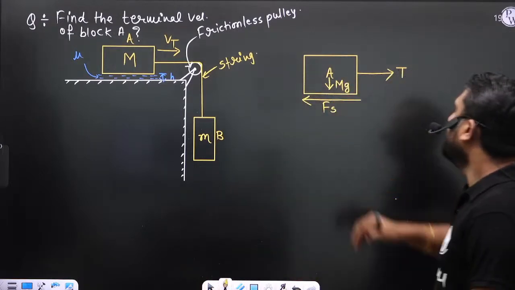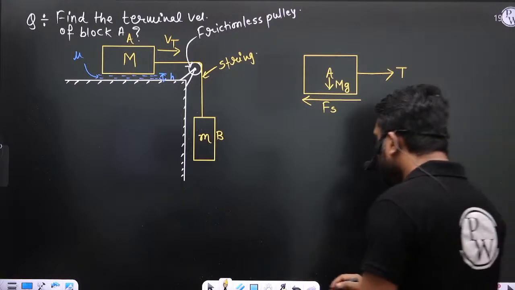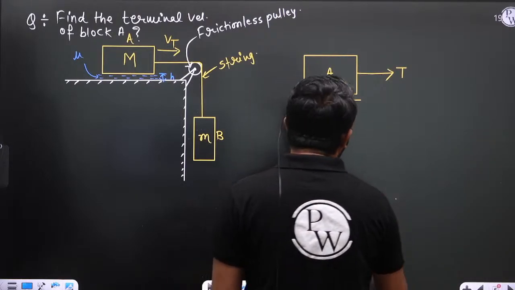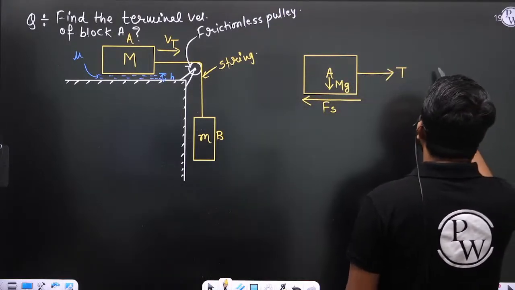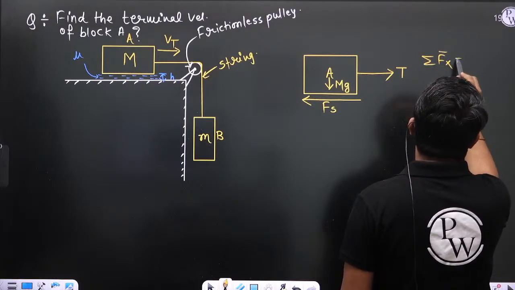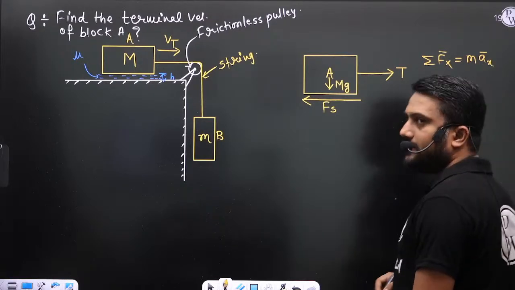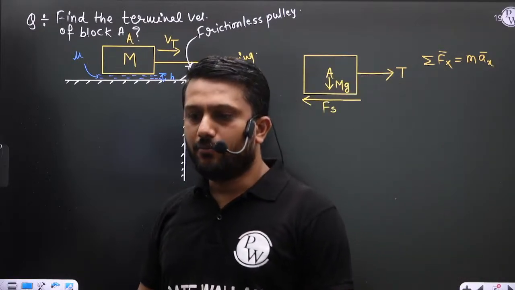Now if you write the equation of motion for block A, we can write summation Fx is equal to max.